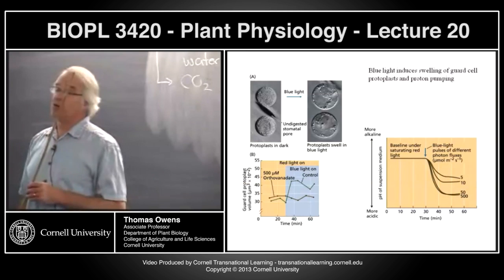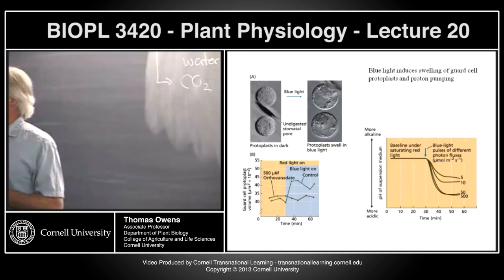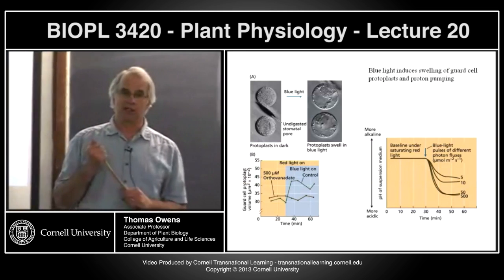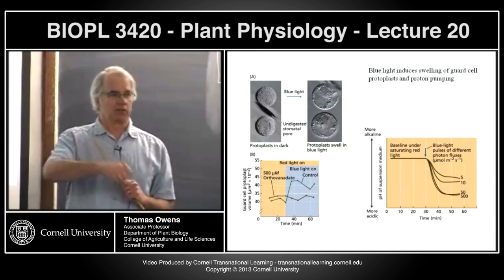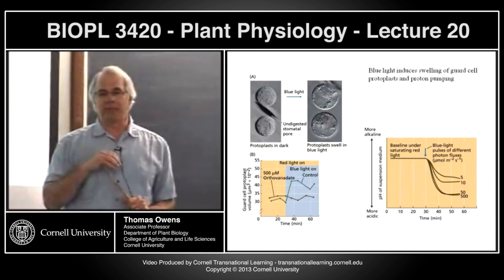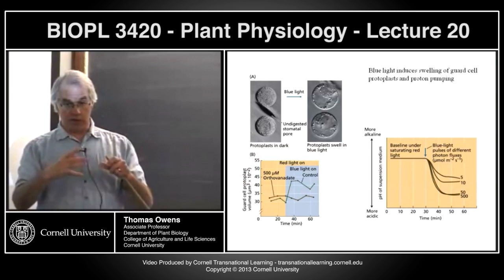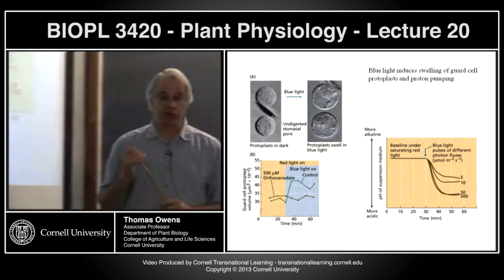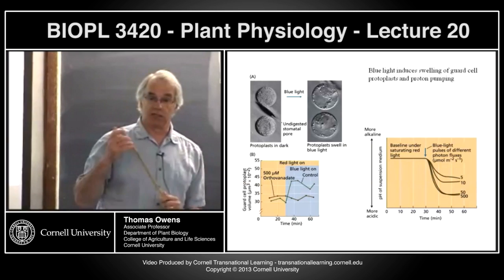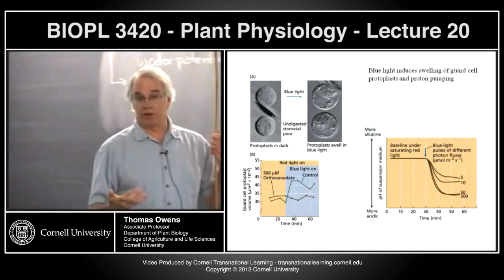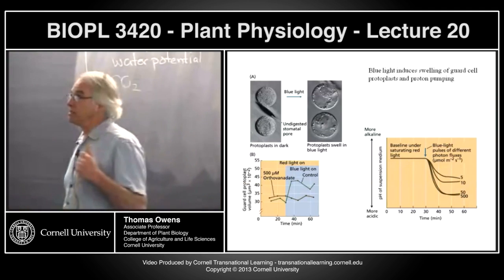One clever thing to do, although it's very, very challenging to do, is to make guard cell protoplasts. So basically, peel the epidermis off the surface of a leaf. Remember, the guard cells are embedded in the epidermis. And then digest the epidermal cells with some mix of cellulases and stuff like that.